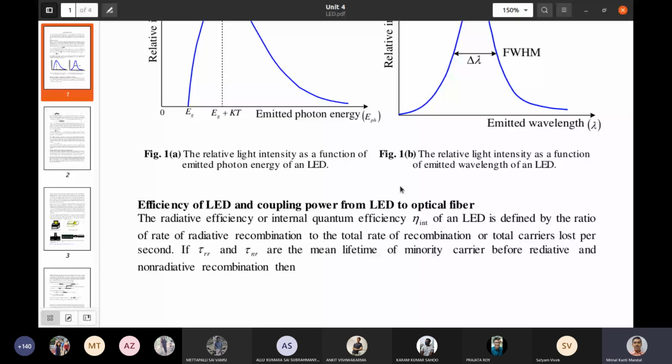Only radiative recombination can produce light, and the emitted light may also be absorbed by the material itself, so it cannot be released from the diode and is internally absorbed, right?